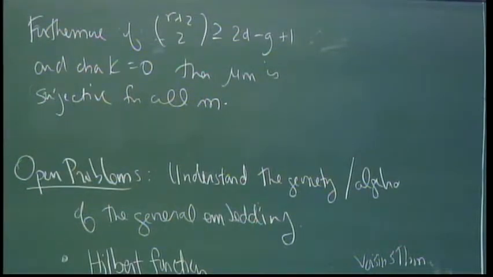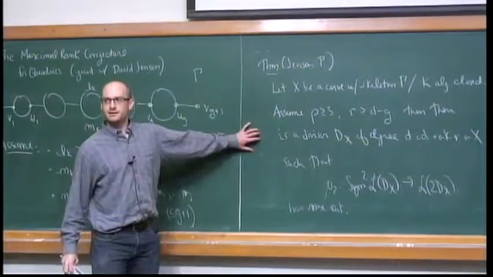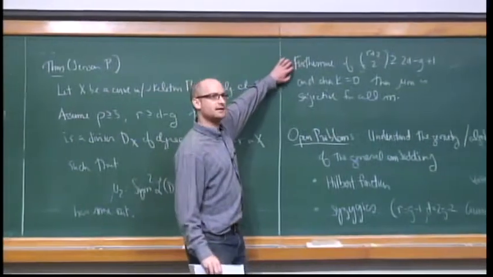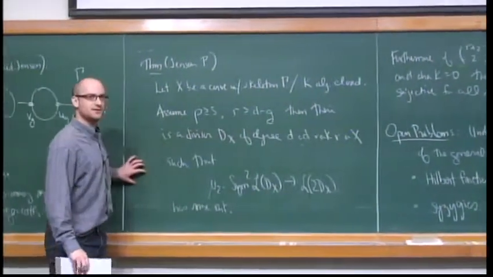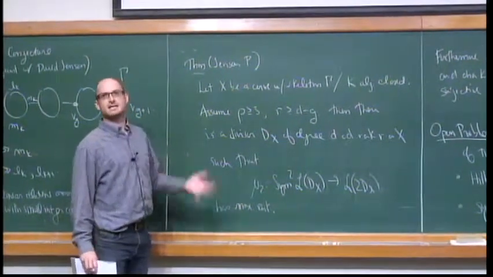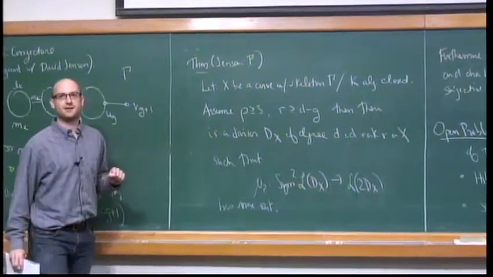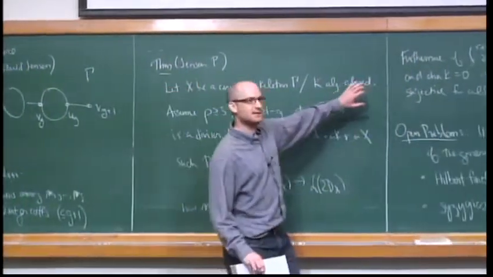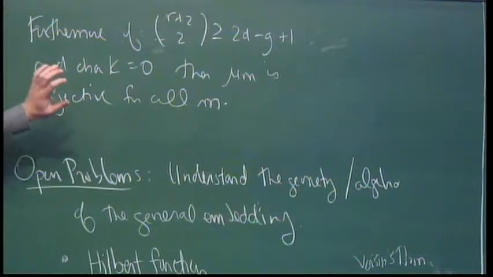So this part of the statement is where tropical techniques come in. And deducing this from the surjectivity of mu2 is a classical exercise in the geometry of curves. It requires characteristic 0 because the argument uses the uniform position lemma.